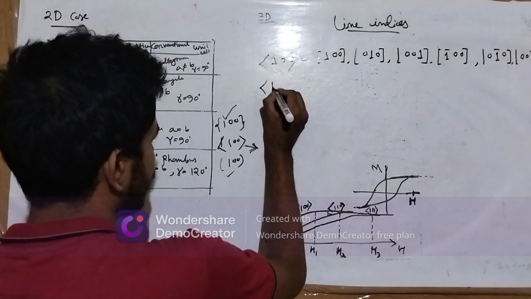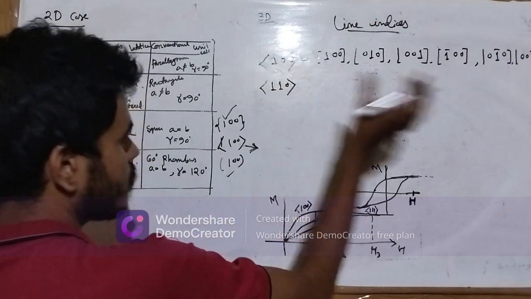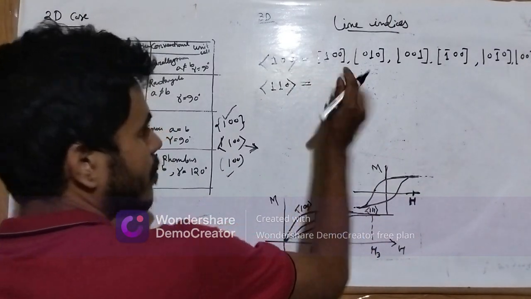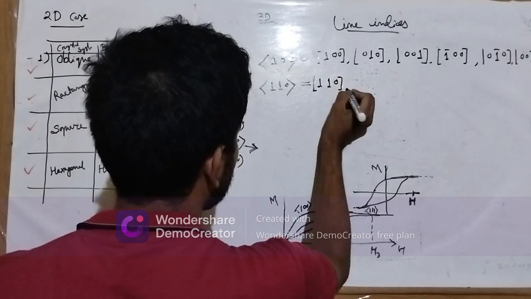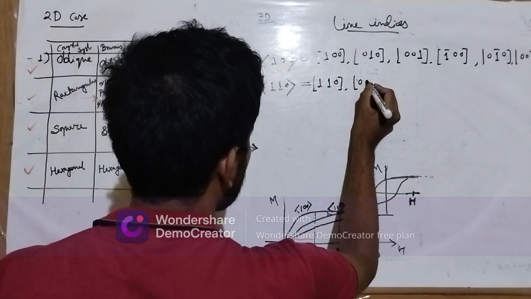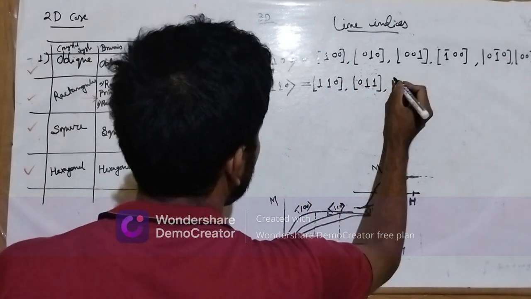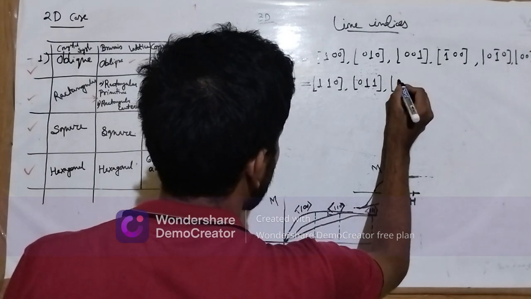So what is the case for 1 1 0? What will the members be? Let's calculate. 1 1 0 will be there, next 0 1 1, then 1 0 1.